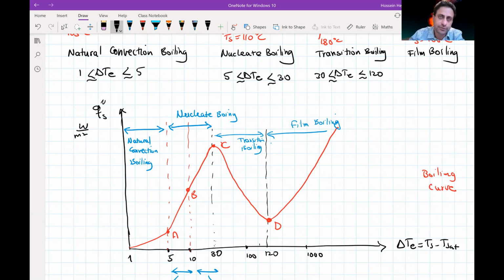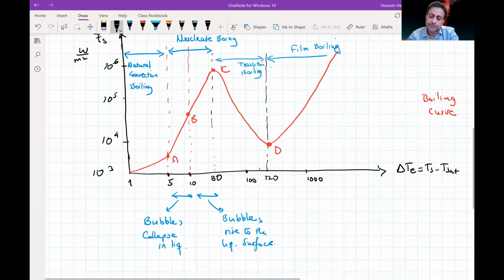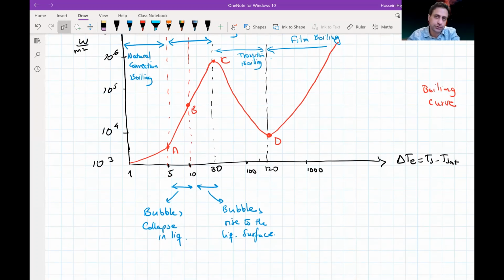If you are looking at water, the flux is going to be, let's say, 10 to the power 3, and it's almost 10 to the power 6 here. So let's say this is 10 to the power 4, 10 to the power 5. We would get the same boiling curve that I'm showing here for different sorts of liquids.